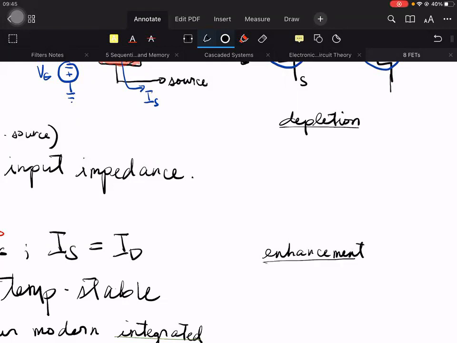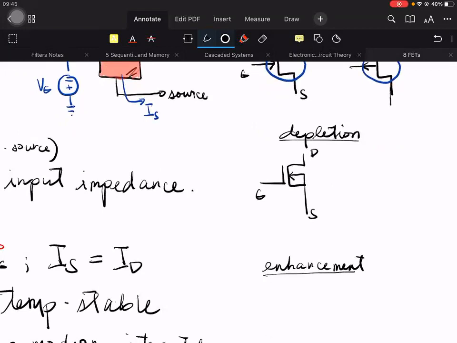For the depletion type MOSFET, the symbol is like this. It's medium complicated, no? It's the gate, the drain, the source. This is for the N channel.